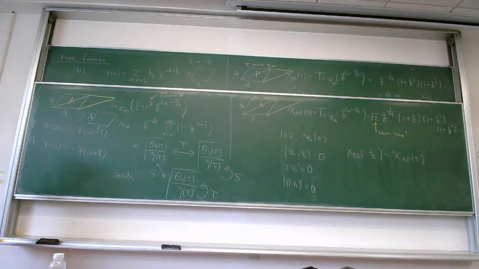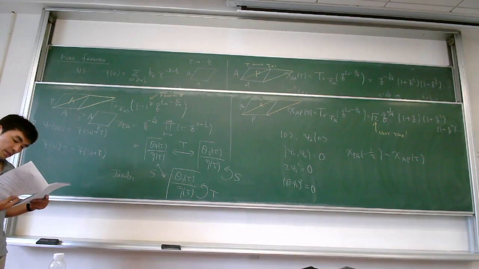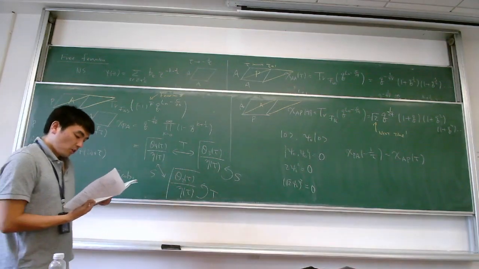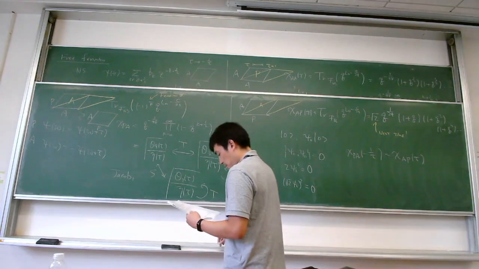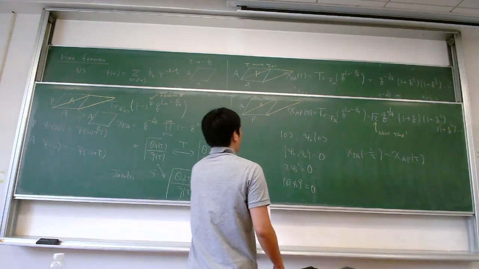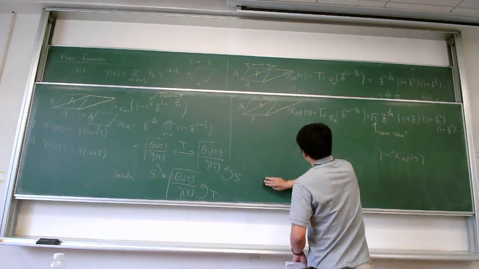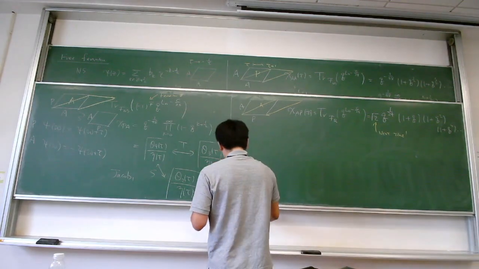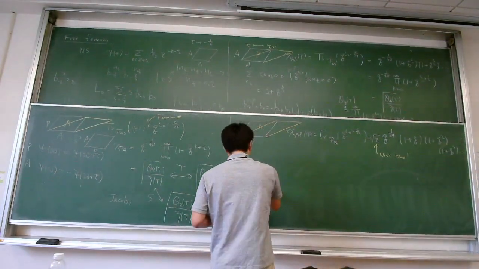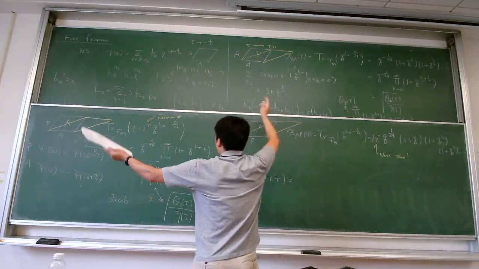And then in total, if you sum them up, the fermion torus partition function, you have to introduce all the sectors.